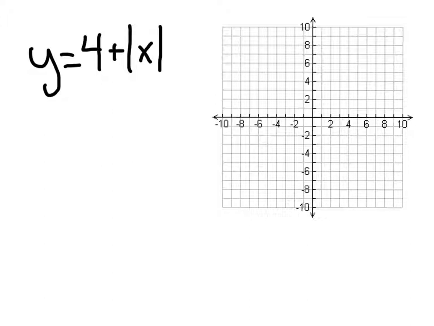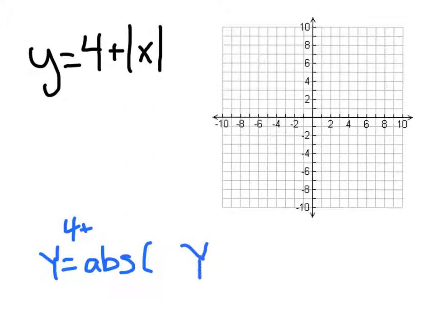Now, your screen will either have Y equals 4 plus ABS, or you're going to have Y equals 4 plus and then your 2 lines for absolute value. Either way, you have the right thing.